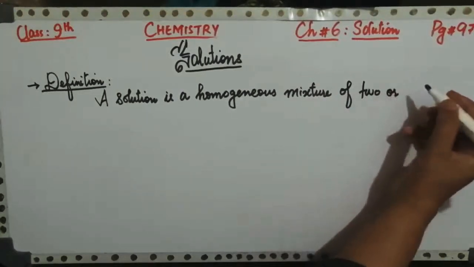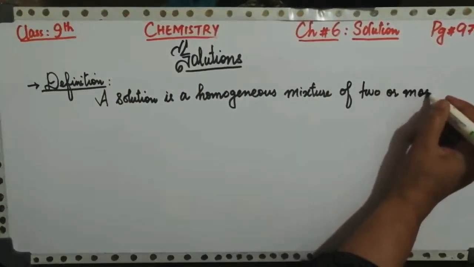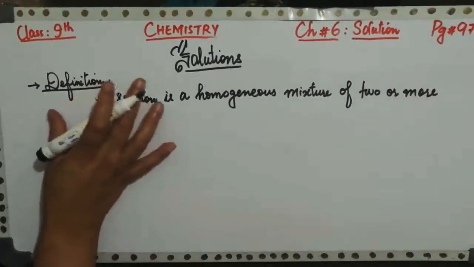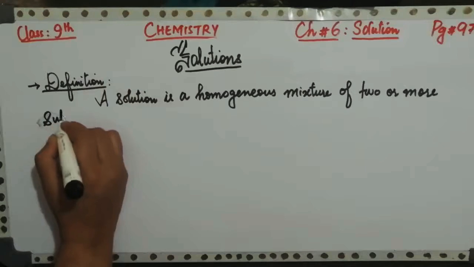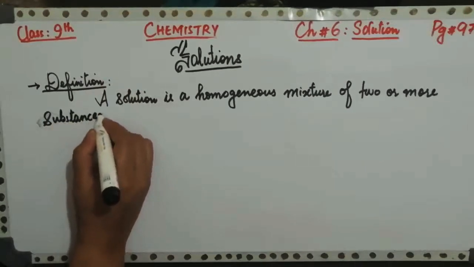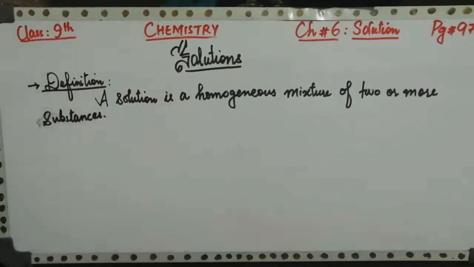So 2 or more substances are mixed together to make a homogeneous mixture, and this homogeneous mixture is called a solution.